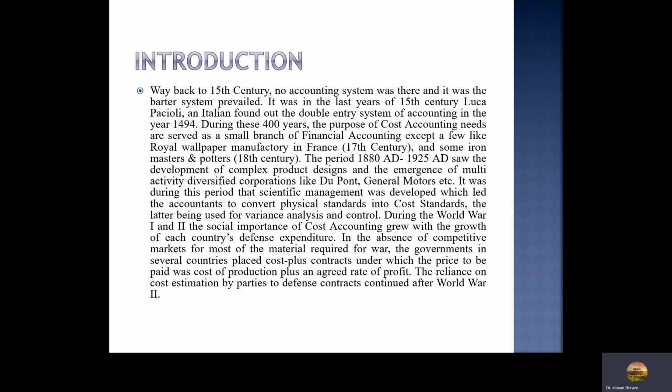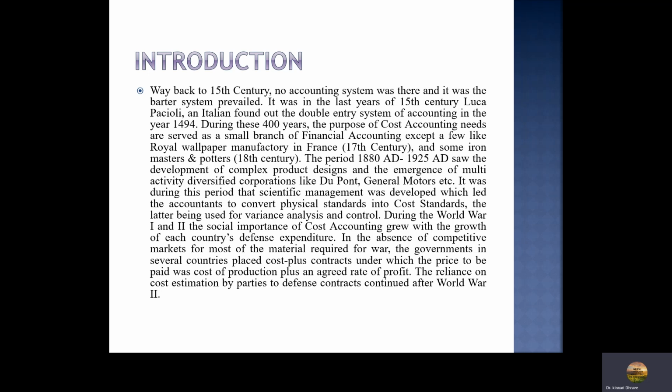It was in the last years of the 15th century that Luca, an Italian, found out the double entry system of accounting, in the year 1494. During these 400 years, the purposes of cost accounting were served as a small branch of financial accounting, except a few like Royal Wallpaper Manufacturing in France in the 17th century, and some iron masters and potters in the 18th century.